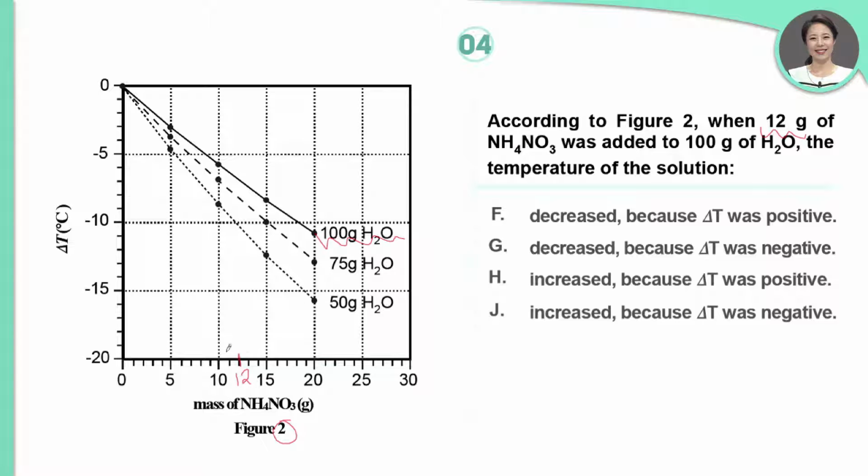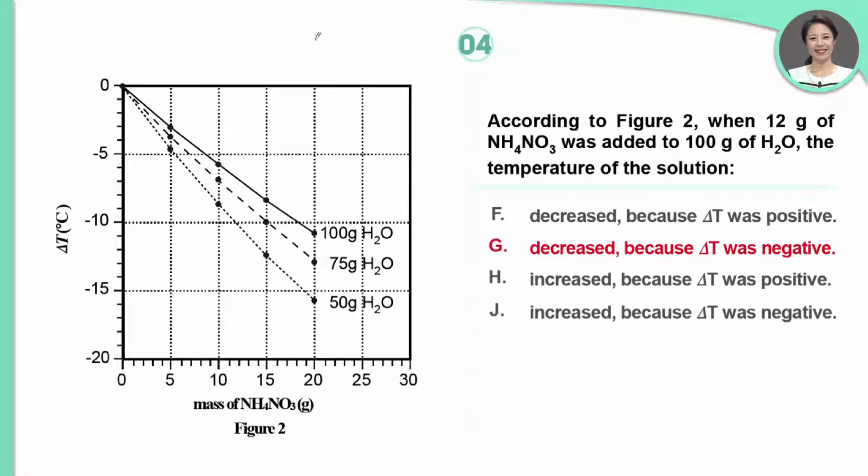If you go to that, it's around here. What happens to the temperature? The temperature decreased, it keeps decreasing from 0 to 12, because delta T was negative. So you have to say decreased because delta T was negative. So the answer is G.